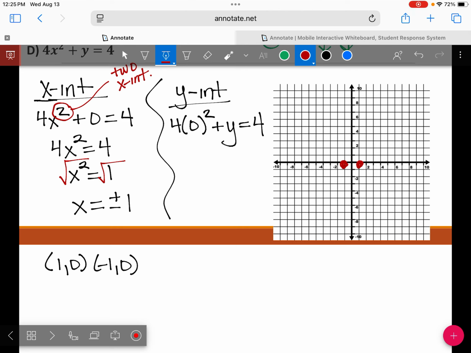And then for your y-intercept, this cancels out. And all I have left is y equals 4. So that would be 0, 4. So these are my x and y intercepts.